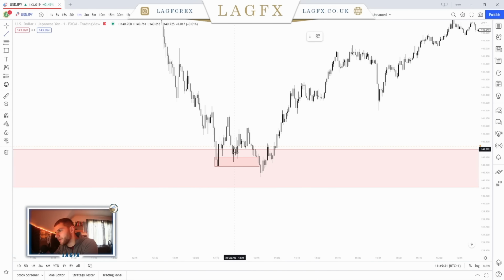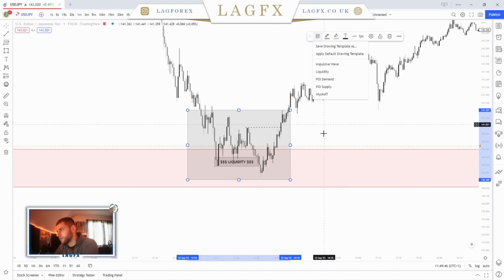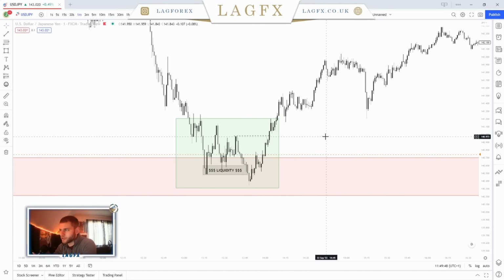And when that happened, this should have been a protected high. So the second we're delivered with a change of character or a break of structure, like we've been delivered there, we understand that we've had that entry confirmation inside the zone. So that is 3, and our entries are valid.